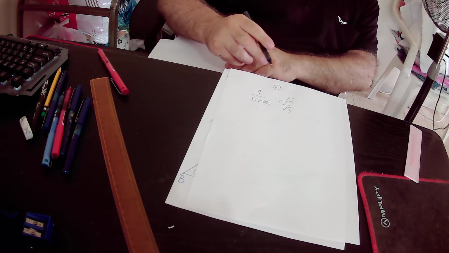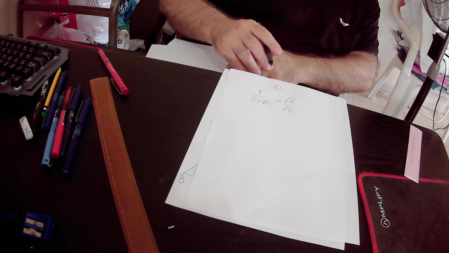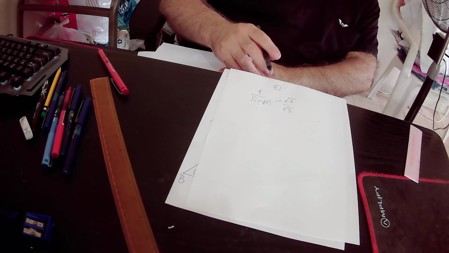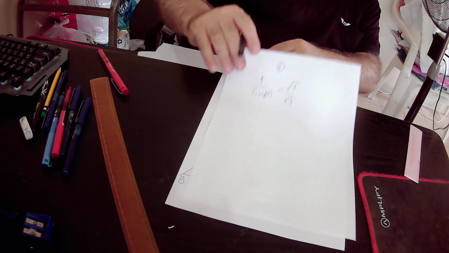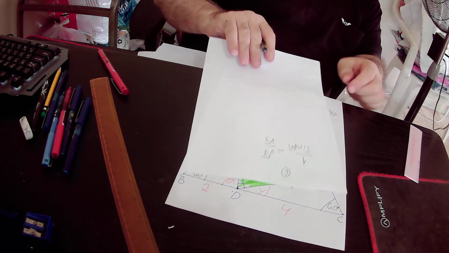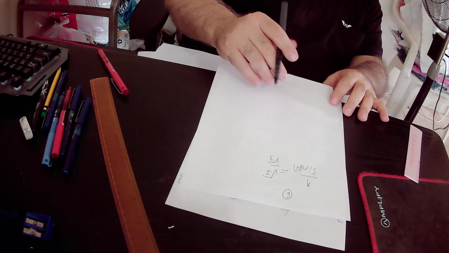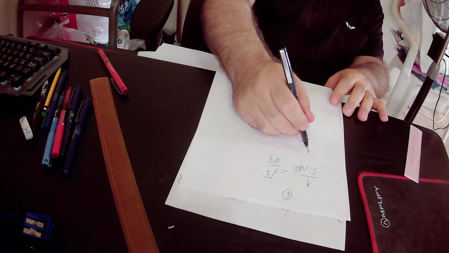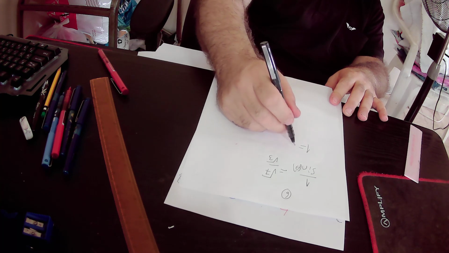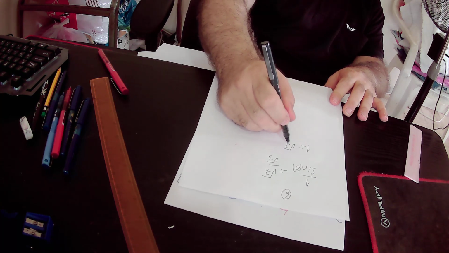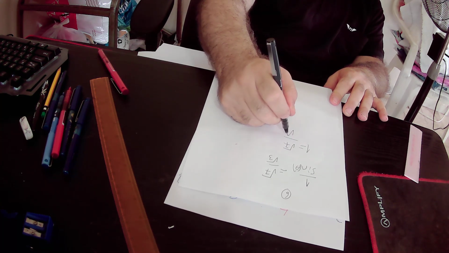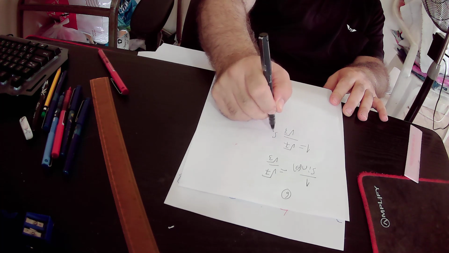Here we will multiply the equality by sinus theta, and we will get that 1 equals root 7 over root 3 times sinus theta.